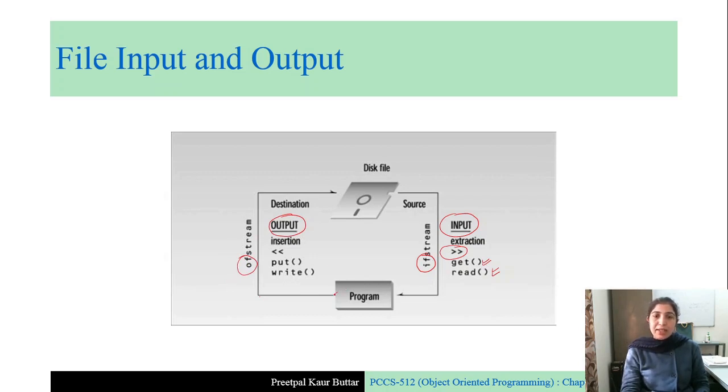And how can the data be written to the file? Using the insertion operator, using the put function, or using the write function. We will also see examples of these operators and functions. So this is a very raw idea about how the program interacts with disk files for input and output.